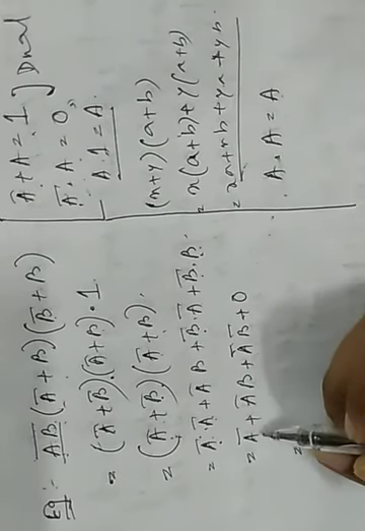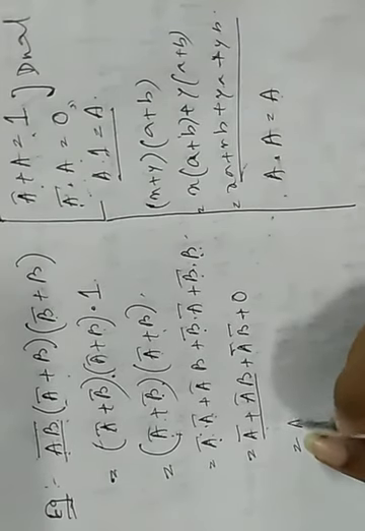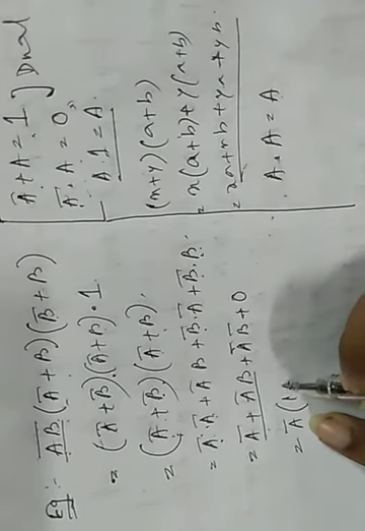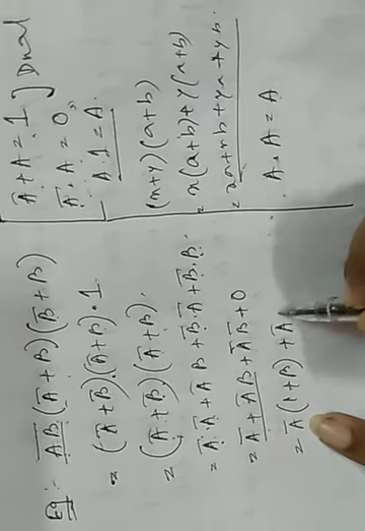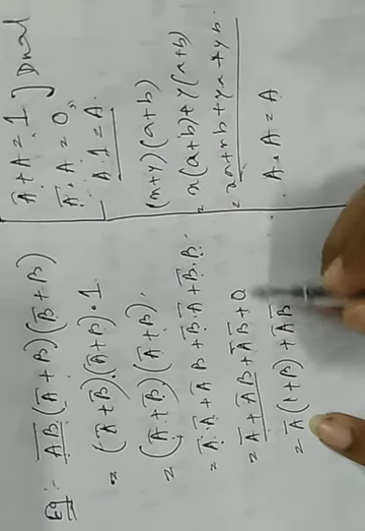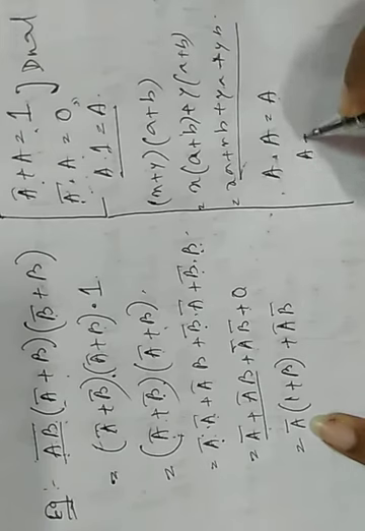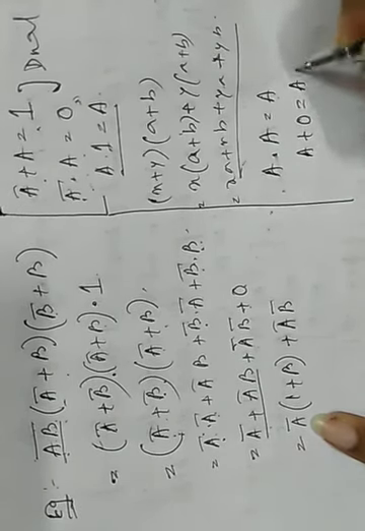Now here we can take common a bar between these two, then it is 1 plus b bar plus a bar b bar left as it is, plus 0. Anything with 0, that means a plus 0 equals a.